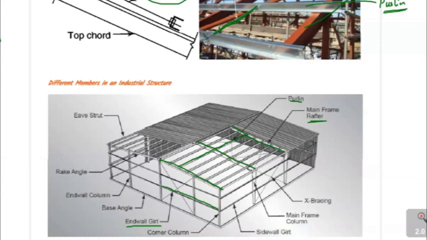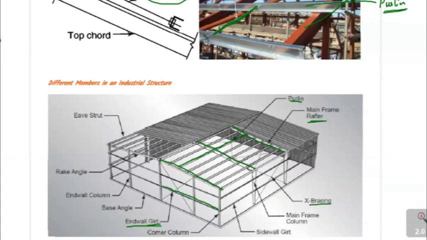Instead of concrete walls, in an industrial building we use steel sheets, metal sheets, to cover this open space. So when you are trying to cover this open space, you need to bolt that vertical metal surface to the structure. So these are the horizontal members to which that sheet is going to be bolted, and these horizontal members are nothing but girts. We are calling this the end wall girt because this is the end wall here.